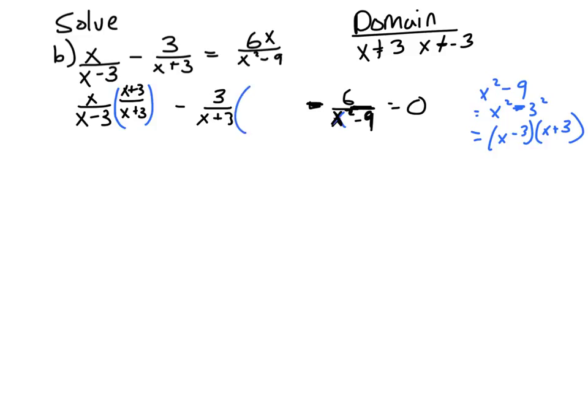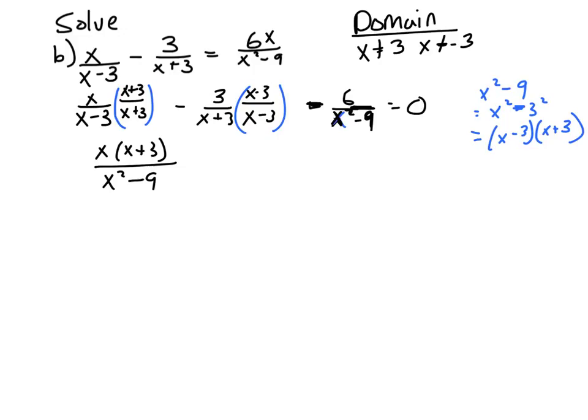Then this term here, x plus 3, needs to be multiplied by x minus 3. Alright, so now I can write this as x times x plus 3, all that over x squared minus 9, right? This term here, x minus 3 times x plus 3, is x squared minus 9.